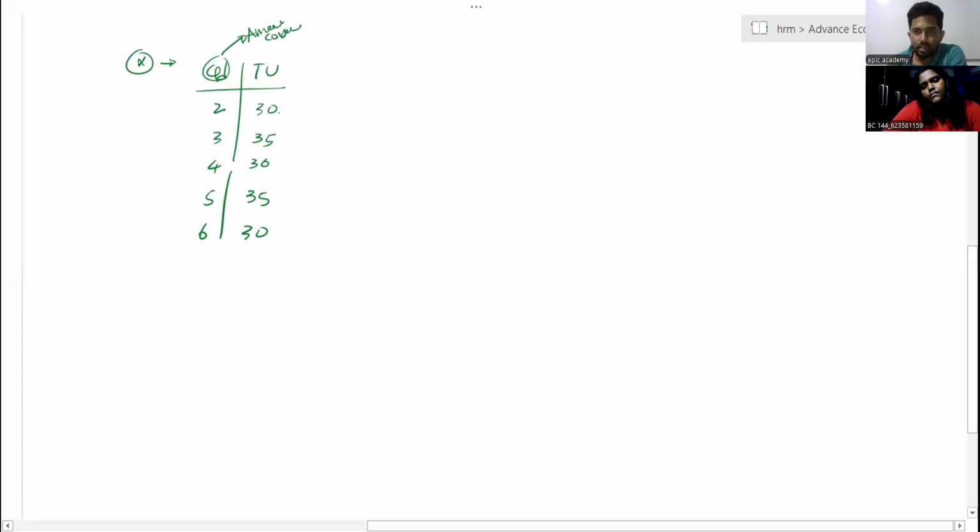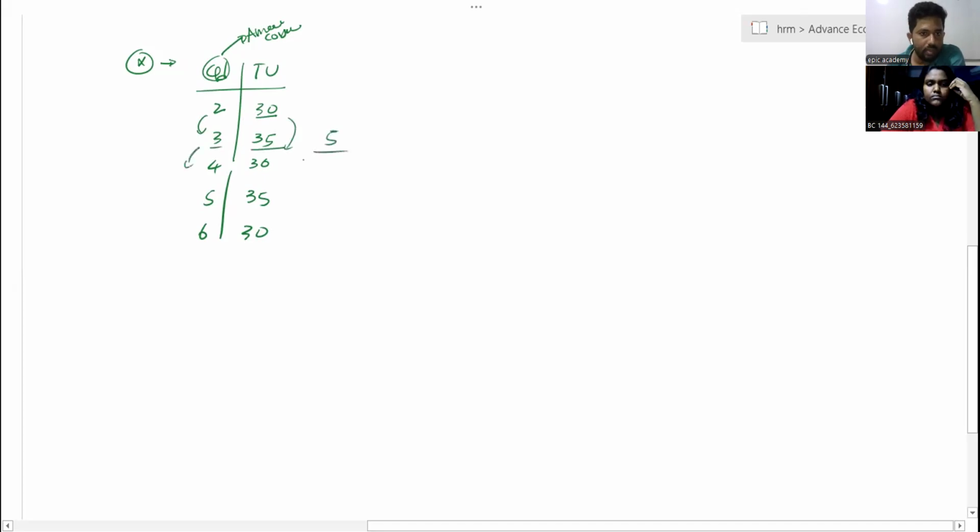So when you consume 2 commodities, your total utilization is 30. And when you increase the consumption by one, the difference between these two is just 5.